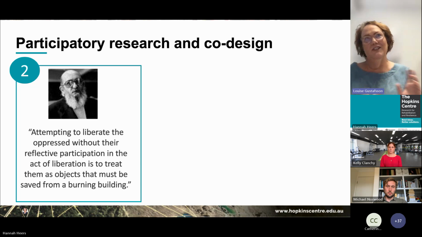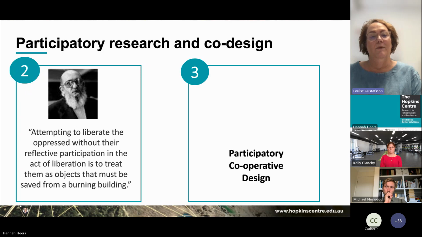So how did these two approaches, the very much social justice, emancipatory action research type approach, become what we see today as co-design? Well, around the 70s, there was a group in Scandinavia involved in computer design, and they started to talk about participatory cooperative design.